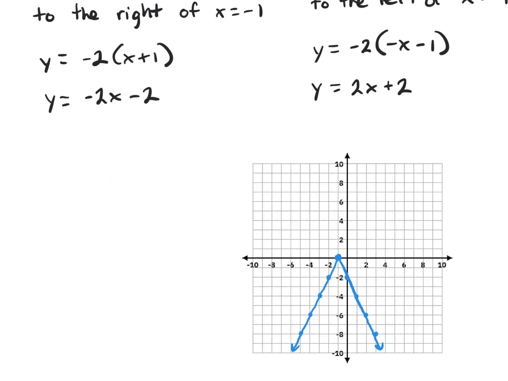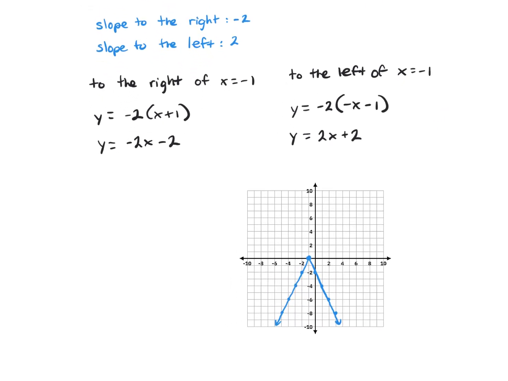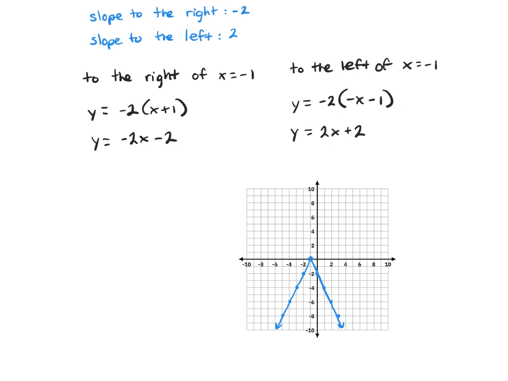And we can kind of check to see if these make sense. To the right, we do see that we have a y-intercept of -2, and the slope is -2. Here, our slope is +2. If you continued this on one more point, it would hit that y-intercept at 2. So we know that these two equations are correct. So now we just need to write them with the correct notation.